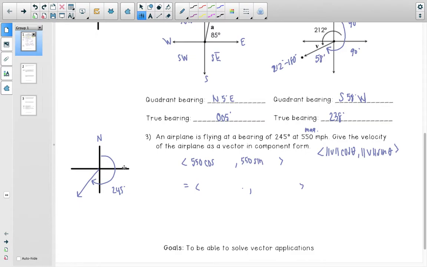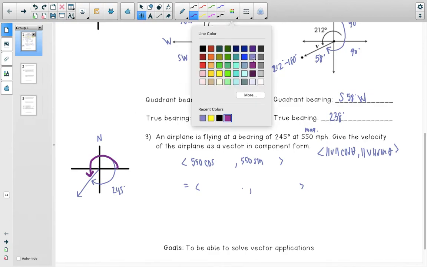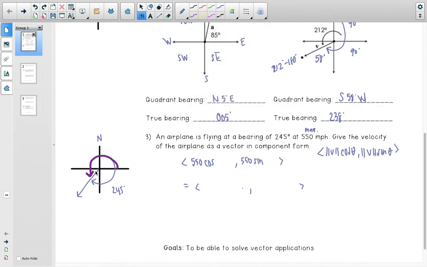So the problem is that we can't use 245 degrees because we are doing this off of what we're used to, and we're used to going from here and around, correct? So we have to figure out what that actually is. So to do that, we have to figure out what this value is.